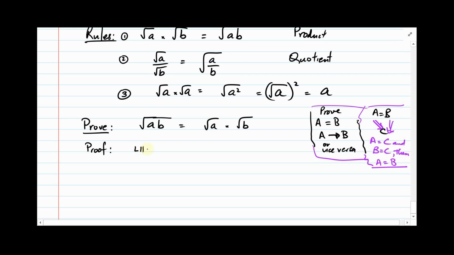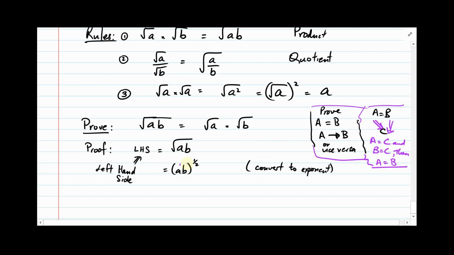So let's start with this. Left-hand side, some shorthand notation. You'll see this in music also. The left-hand side of the equation is square root of ab. Now, if I convert this to fractional exponents, then I would have ab to the 1/2 power.